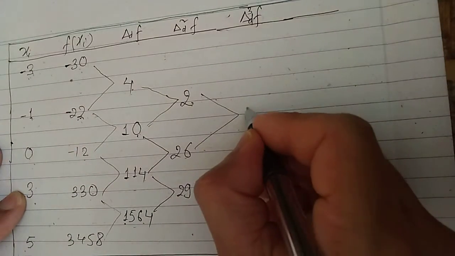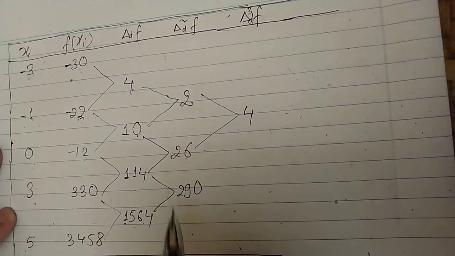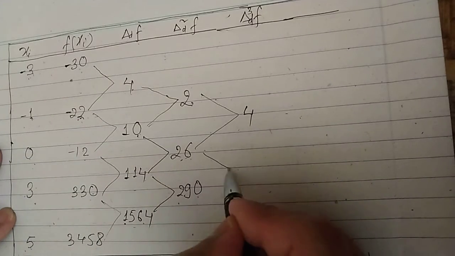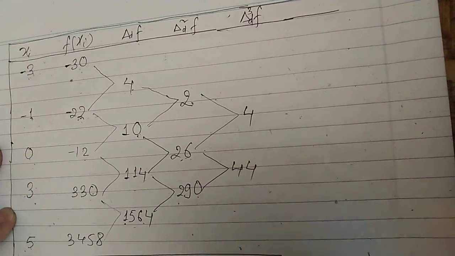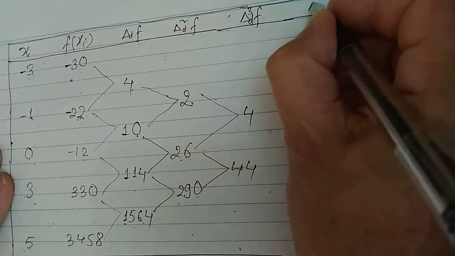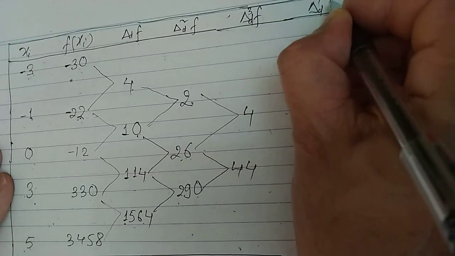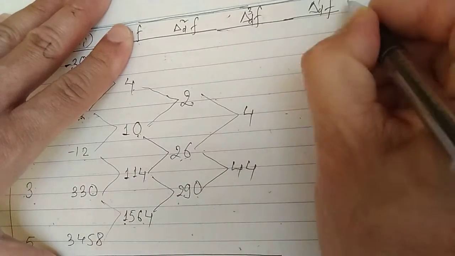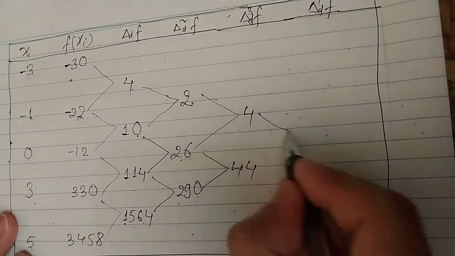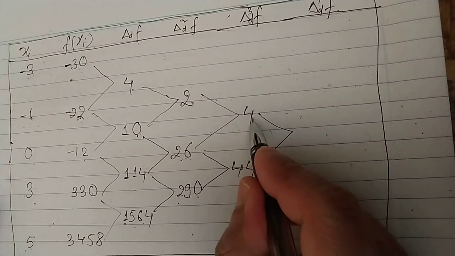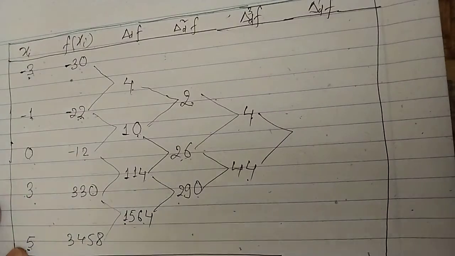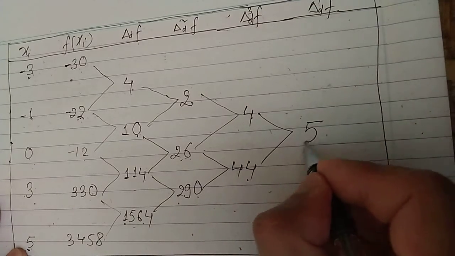How much is it? 4. 290 minus 26 divided by 5 minus -1. How much is it? 44. Now let us calculate the delta d power 4 f, that is the fourth divided difference. So that will be what? 44 minus 4 divided by 5 minus -3. So that will come as 5.